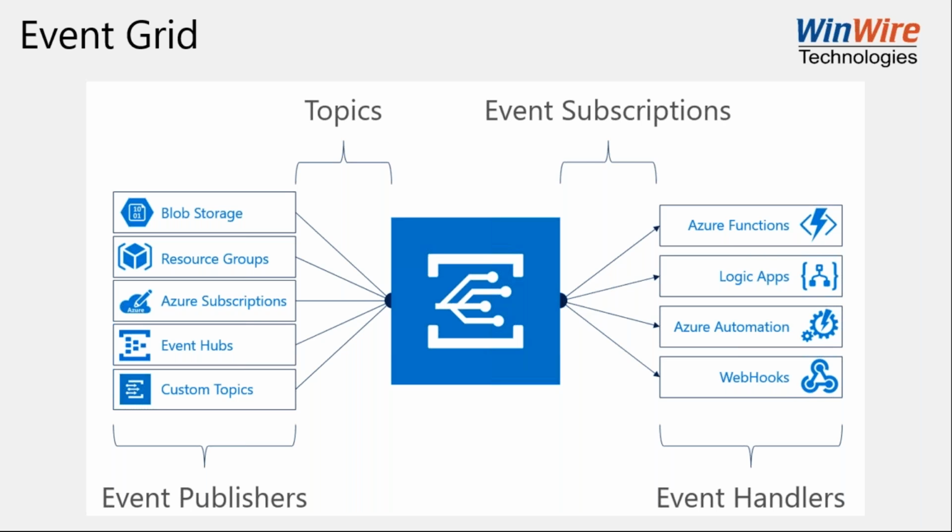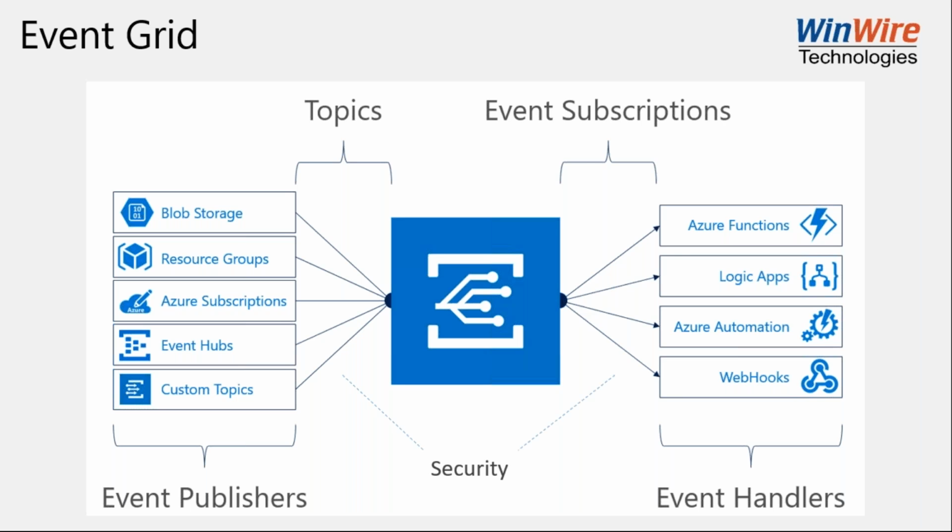That's a kind of categorization of events, and publishers send their events to topics. And then subscriptions define what topics the subscribers are looking for. Subscribers are nothing but handlers like logic apps and functions, and they would be processing the messages further, right? So in a nutshell, that's what happens in Event Grid.